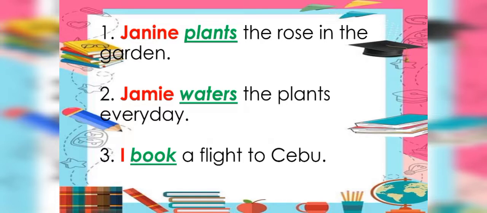For example number 1, Janine plants the rose in the garden. Our subject is Janine. This is our subject or the noun. And this is singular. And this one is the verb. And this verb is in a singular form.